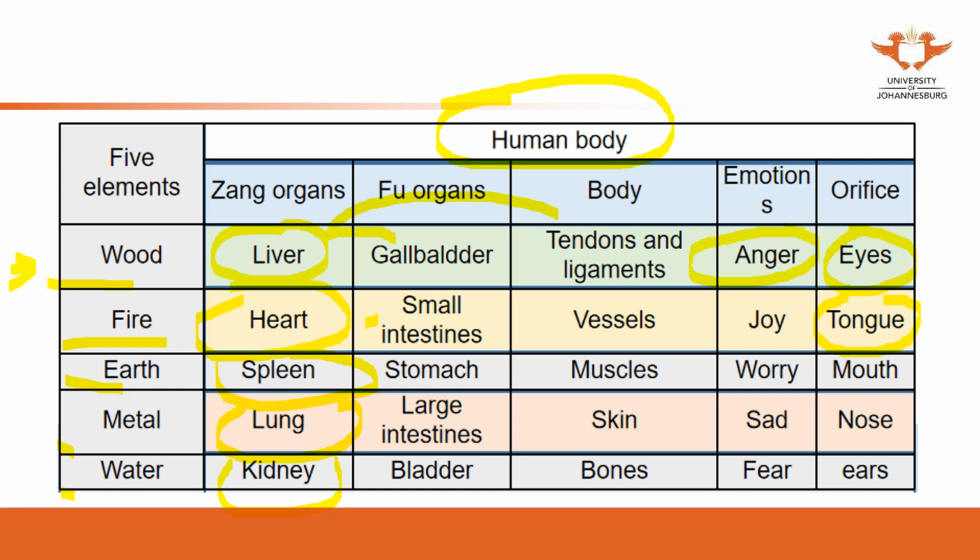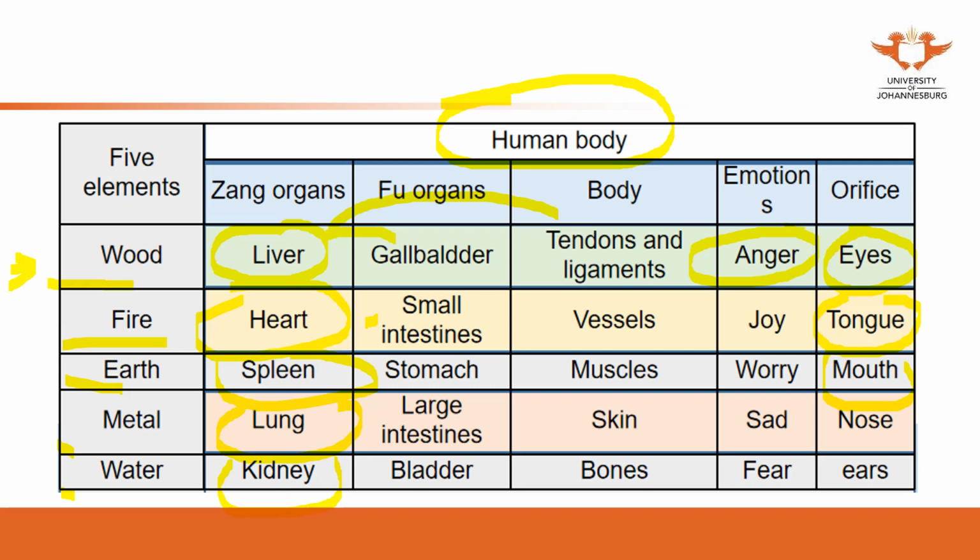If someone has a mouth ulcer not on the tongue but in the mouth, we will treat the spleen. It depends on where it is, and we treat different organs because they have different relationships to different organs.